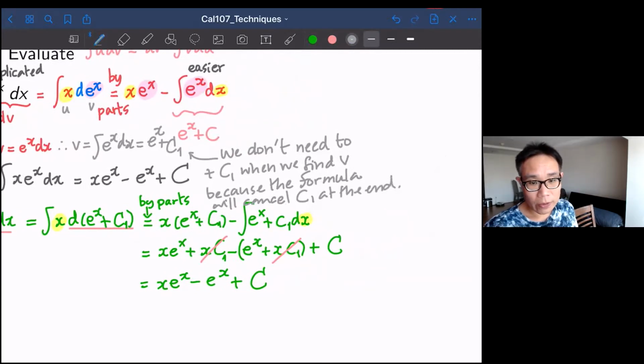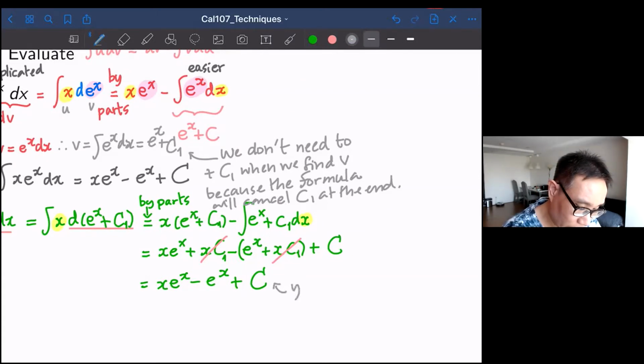So you don't need to add c1. However, for the last c, you need to add c. We need to add c for the final answer.